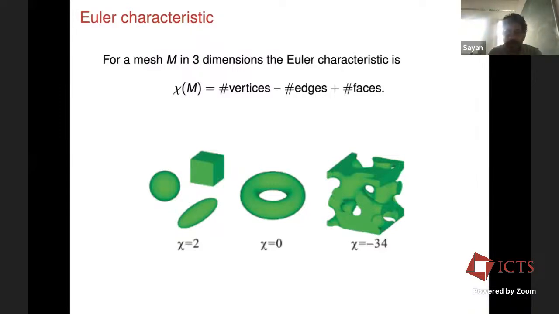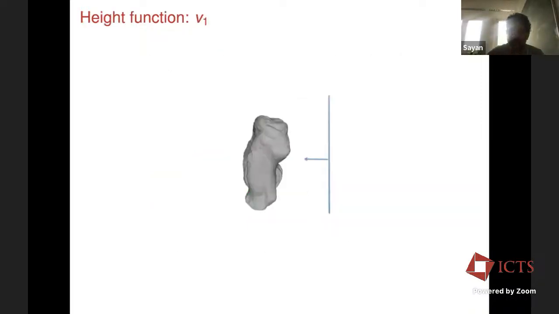It's the number of vertices minus the number of edges plus the number of faces. Going from left to right, you see that for these solid objects, it's 2. For the donut, it's 0. And for Swiss cheese, it's -34.